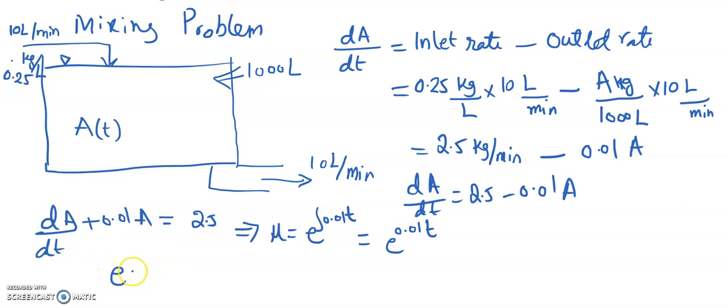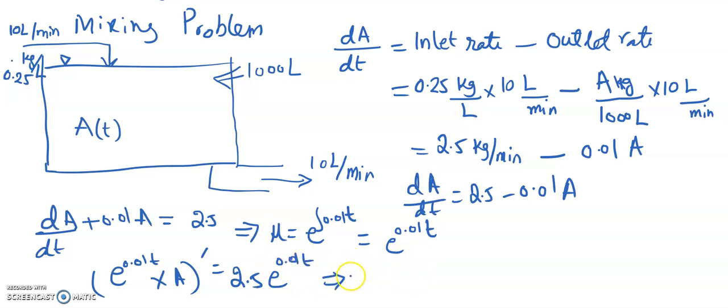So e power 0.01 t times A prime is equal to 2.5 e power 0.01 t. So if we integrate it, it will be A times e power 0.01 t is equal to 2.5 e power 0.01 t divided by 0.01.